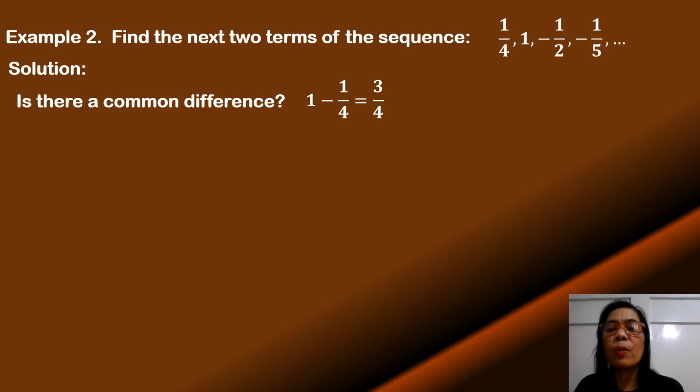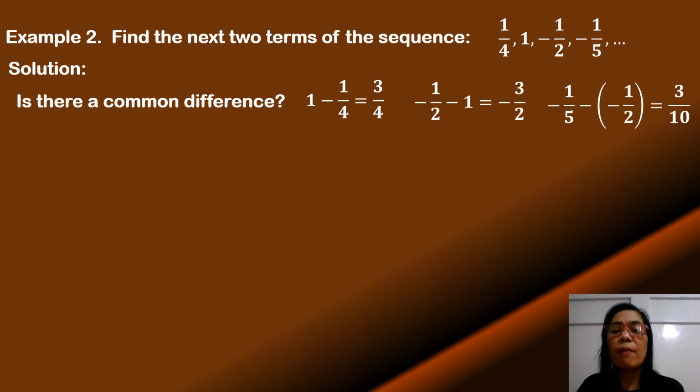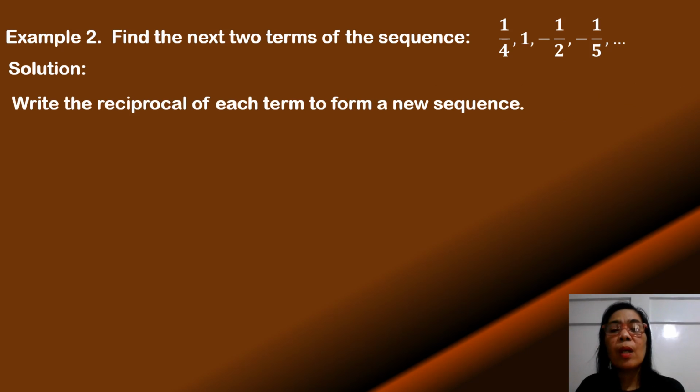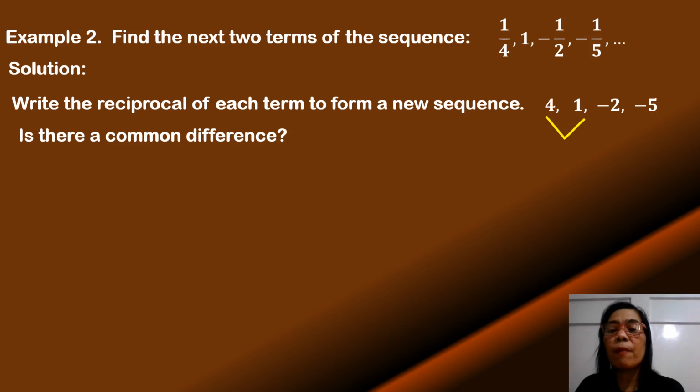So we have 1 minus 1/4 is 3/4, -1/2 minus 1 is -3/2, and obviously looking at the first two differences, they are not equal, and so therefore the given sequence does not form an arithmetic sequence. So let us try to find out if the reciprocals form an arithmetic sequence. That is, we try to find out if the differences of successive terms are equal.